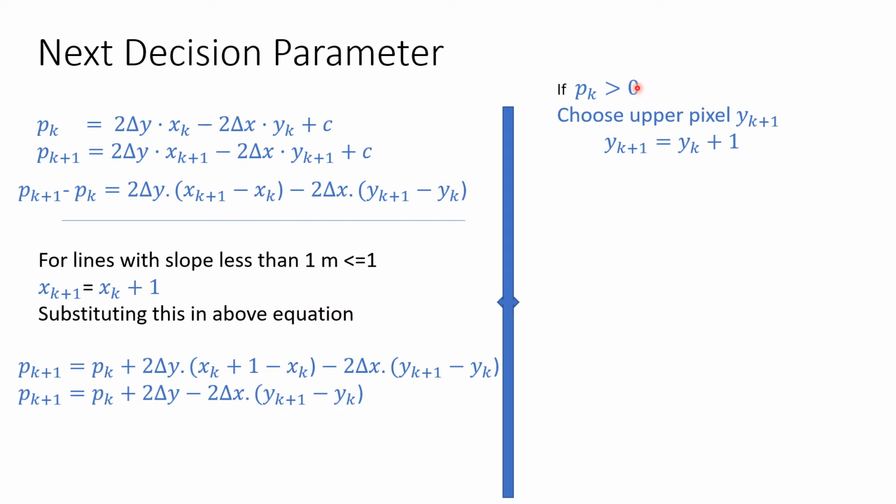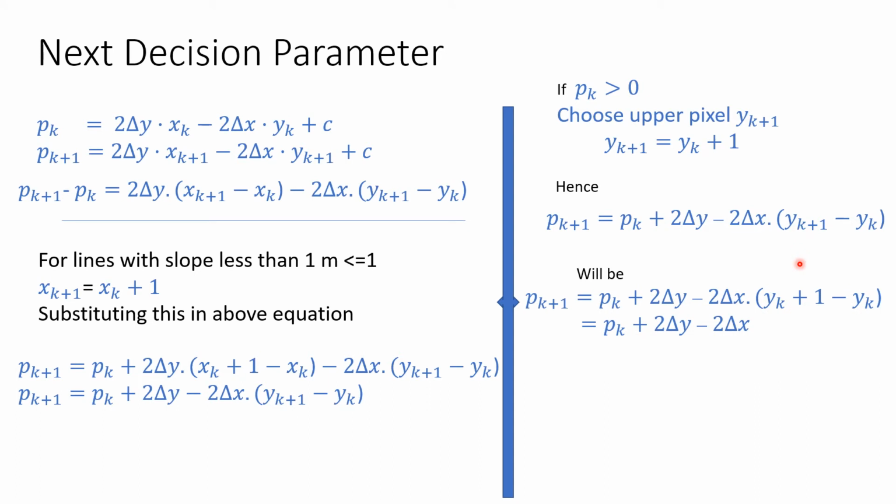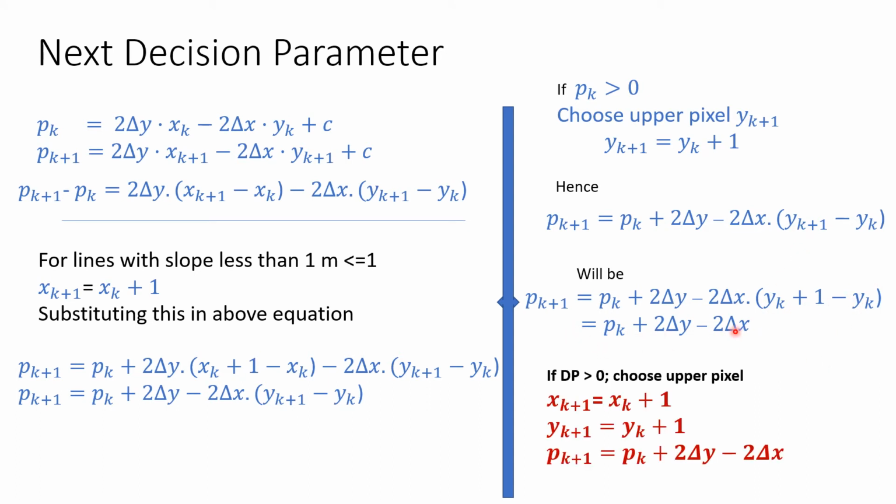If the current decision parameter is greater than 0, as discussed, we choose an upper pixel which is yk plus 1, and this yk plus 1 is the old value plus 1. Now we substitute this value of yk in our pk plus 1, which is the next decision parameter. As soon as we write it, the yk and yk get cancelled and the equation reduces to this.